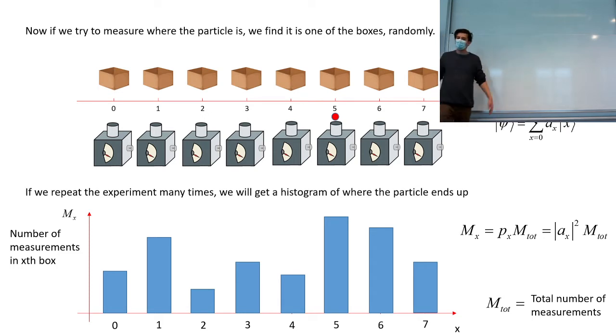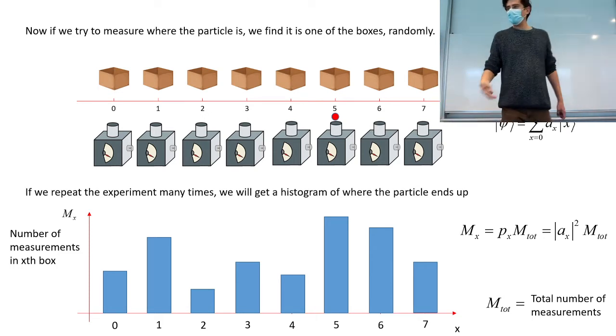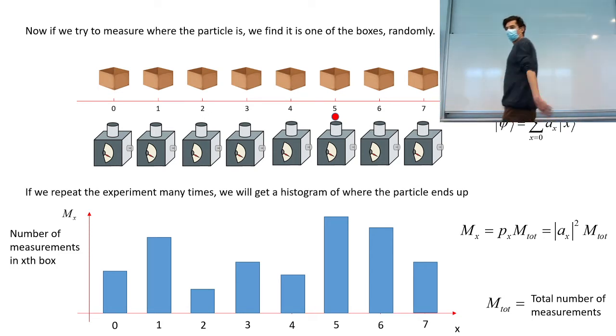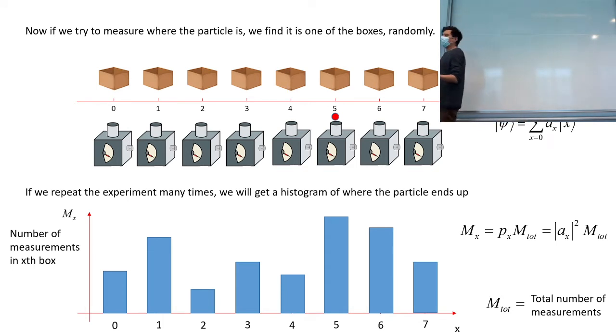Of course, it wasn't really. The measurement that you did destroyed the quantum state, the random collapse, and the probability of it being there. So if you run this experiment many times, then sometimes you'll get it in 5 or 4 or all these other ones, and that just depends upon this coefficient here.